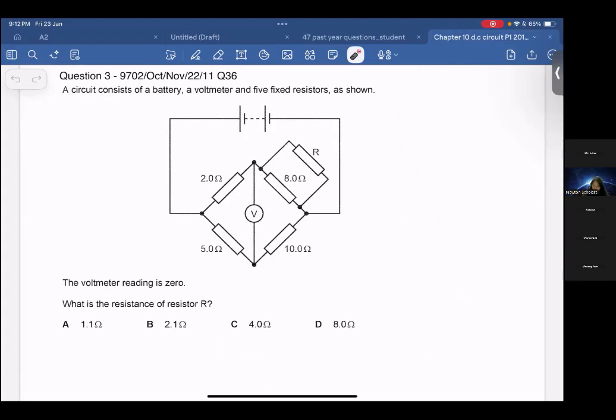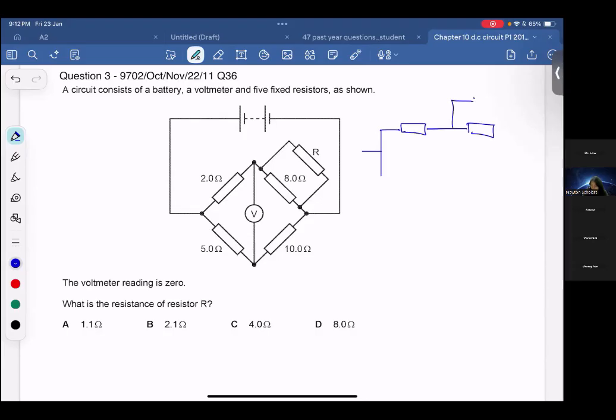Washini, correct. Okay, dear, for those of you who feel it is complicated, actually we can redraw the circuit like this. Something like this.